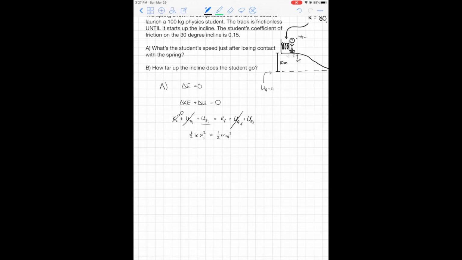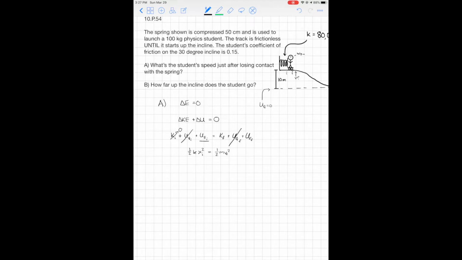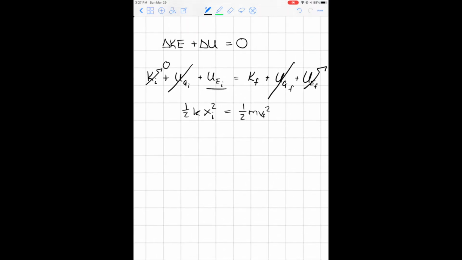And do I have any final elastic potential energy? I don't think so, right? Because I'm looking at when I lose contact with the spring, and that happens at the equilibrium length of our spring. So all of my elastic potential energy is going to turn into my kinetic energy at this point.